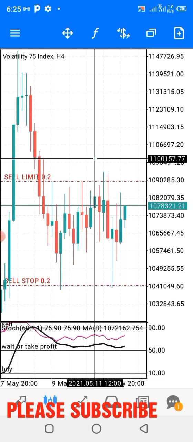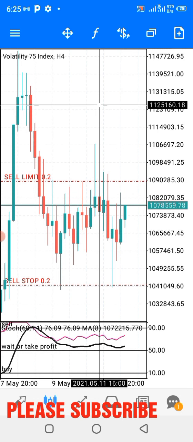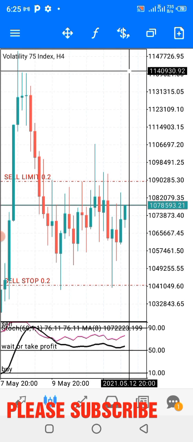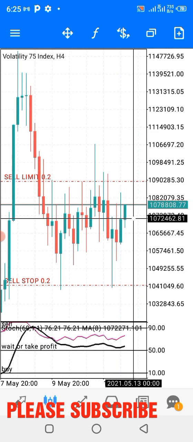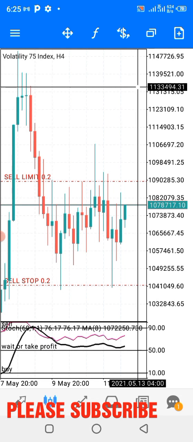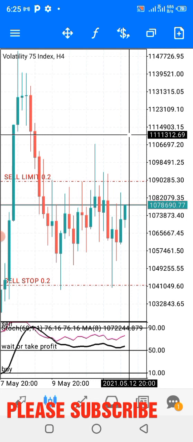Some years ago it was around 5 digits, but now it was around 6 digits, but now it's up to 7. It has entered $1 million plus, and day by day the price keeps increasing.